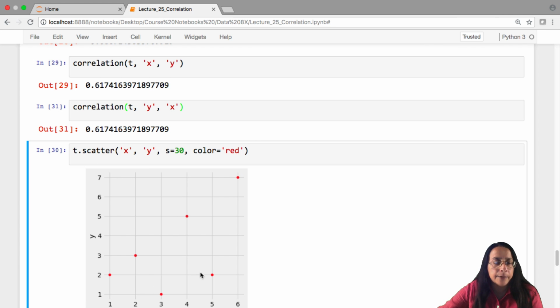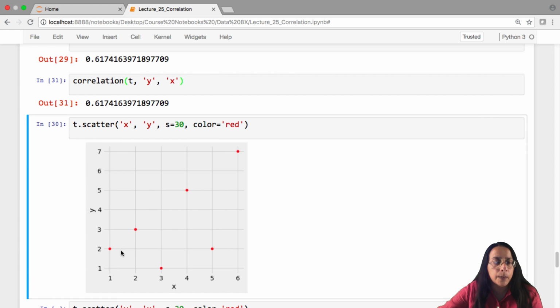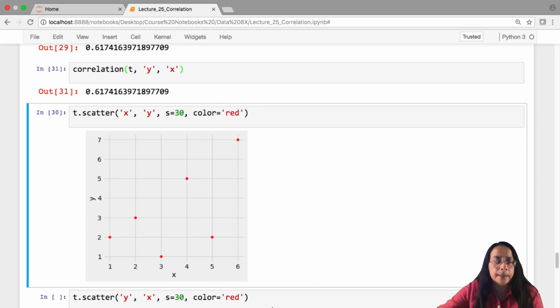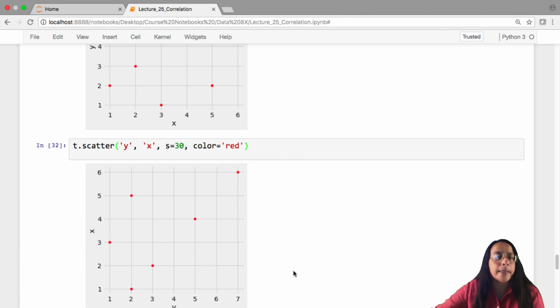Here is the scatter diagram of x on the horizontal axis and y on the vertical. That shows a clear positive trend. And here will be a scatter diagram of y on the horizontal axis and x on the vertical. And that also shows a positive trend and the same clustering or non-clustering.